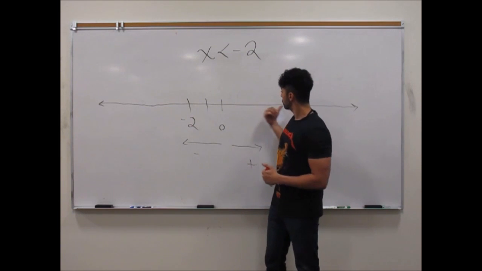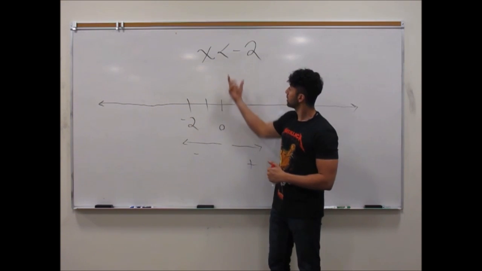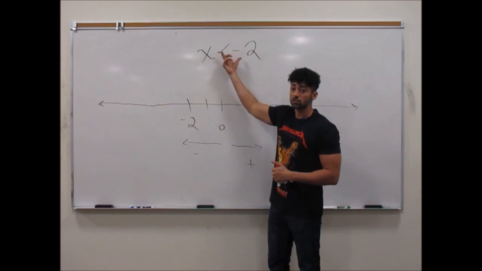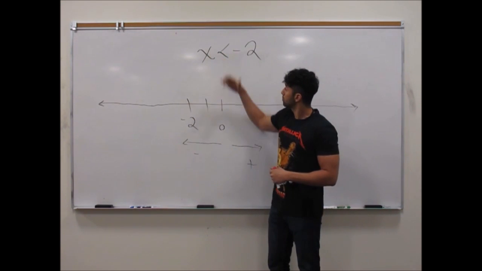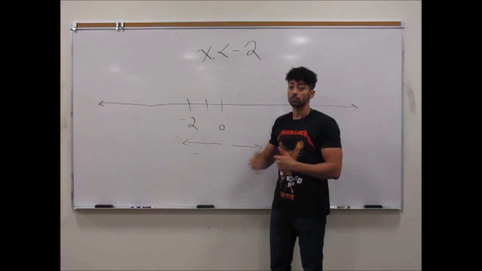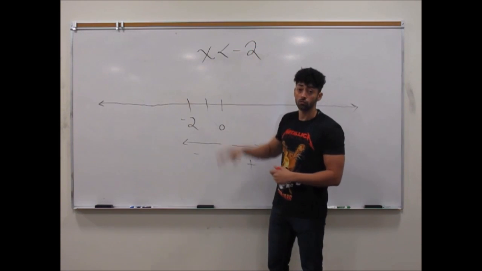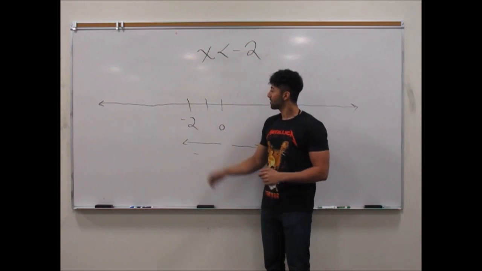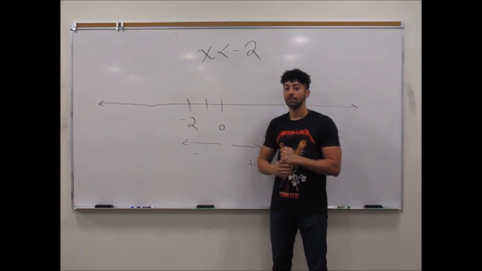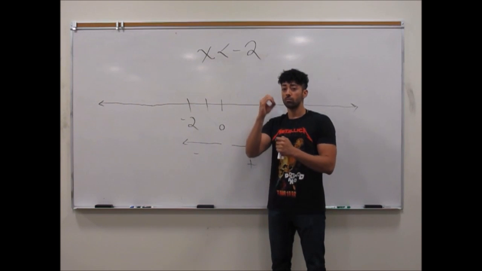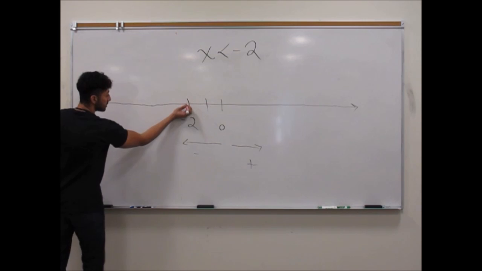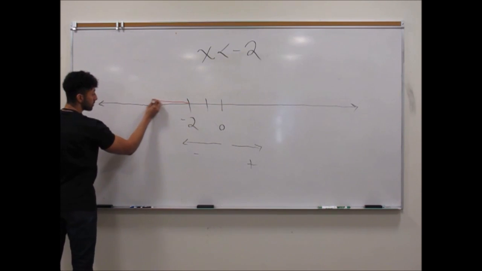But when we're showing our solution on a number line, when it's just an inequality sign, not equal to, that's saying that we're not including our negative 2. So we either indicate that with a parenthesis, I had a hard time saying that, or just use an open circle to indicate that. So I know I'm going to start here at negative 2 and I'm going to go this way.